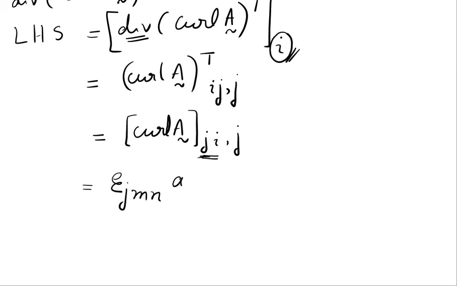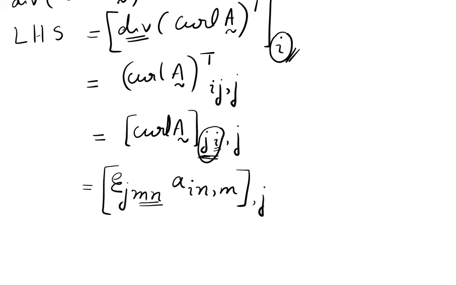So small a. The next suffix there is I, so it is I. And here we have taken mn, so I should have the reverse there. So it is n comma m. These are the components of curl A. What components? Ji components, comma j as it is.